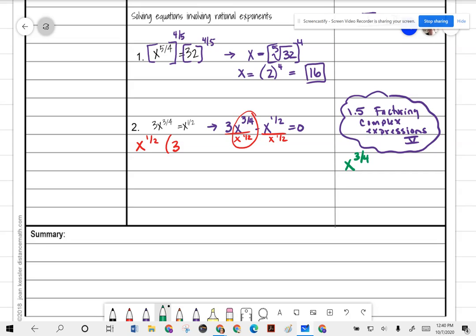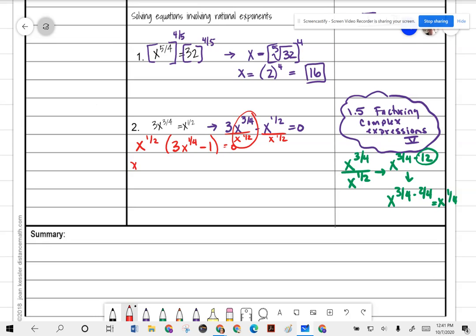It's the same thing as x to the 3/4 divided by x to the 1/2, which according to those properties, it is the top minus the bottom. Now, 1/2 can be rewritten as 2/4, and so what I get is x to the 1/4. So I got 3x to the 1/4, minus, and then x to the 1/2 divided by x to the 1/2 is just 1.